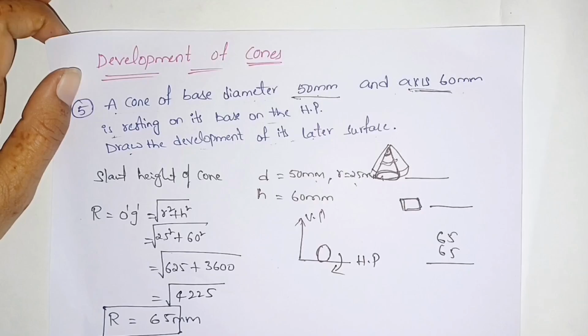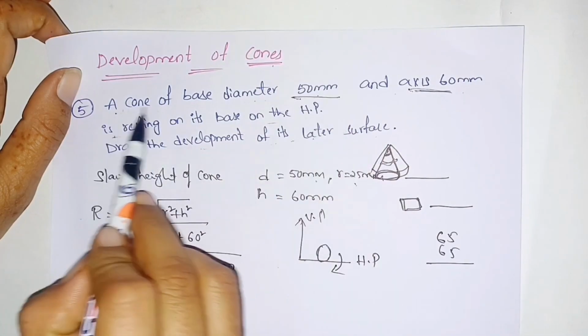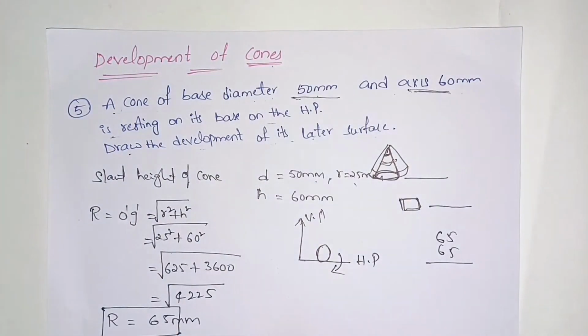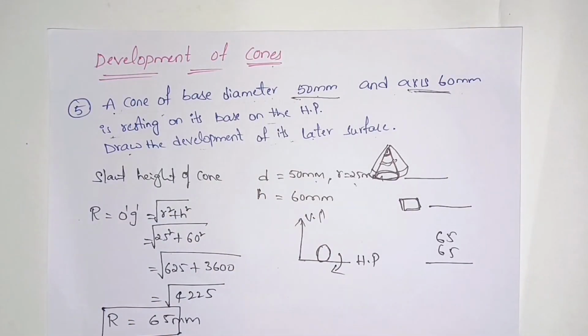So here it mentions the development of the cone, and a cone of base diameter. In the previous problem we already discussed the square pyramid, square prism. Similarly this one is a cone of base diameter. Cone and pyramid are both the same.